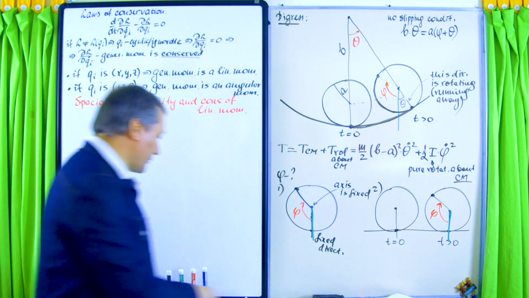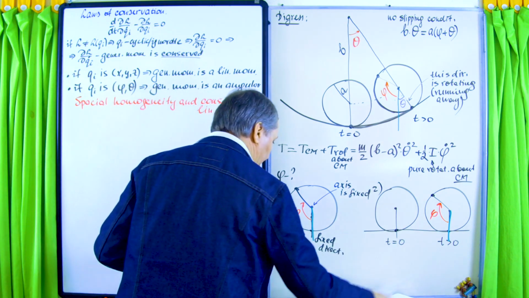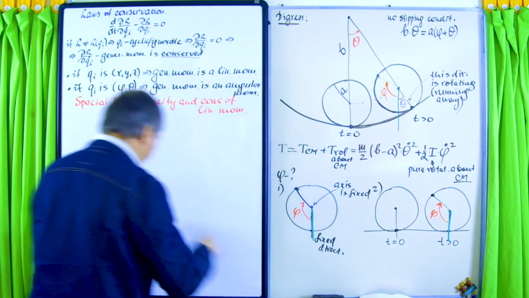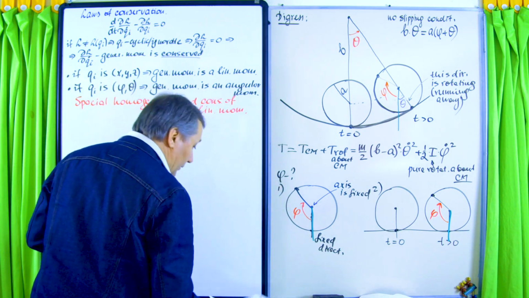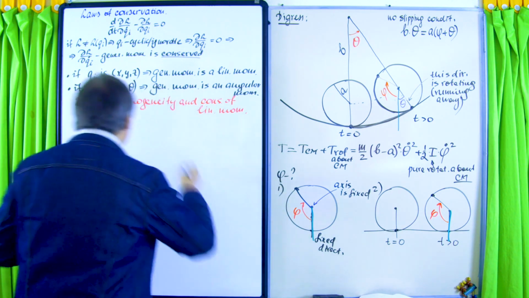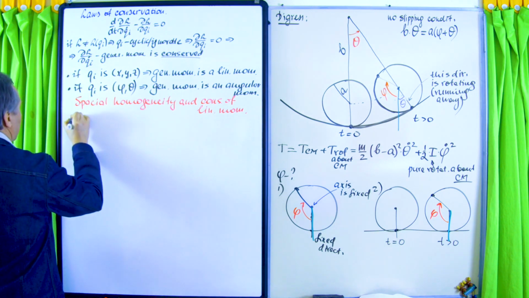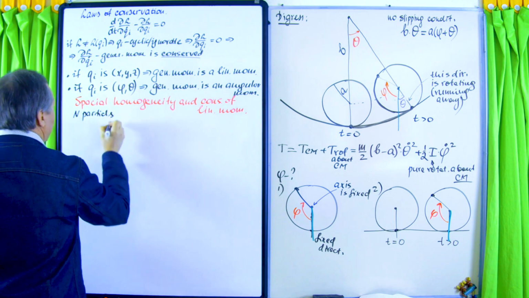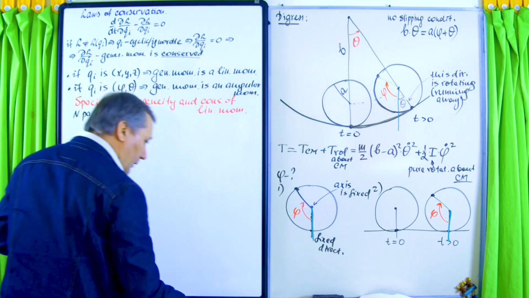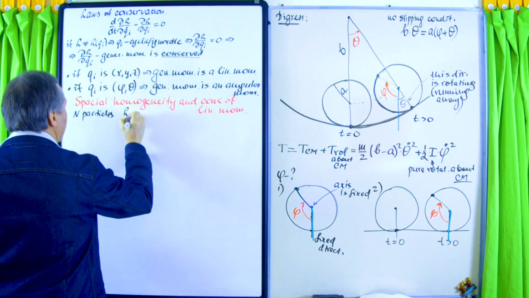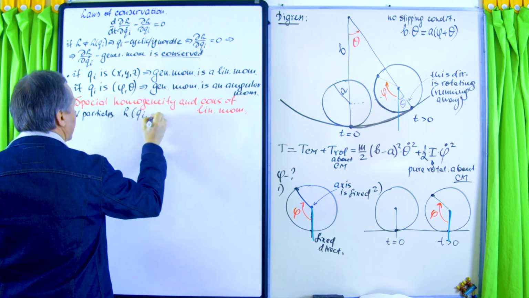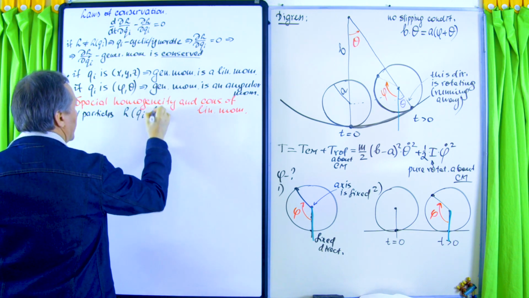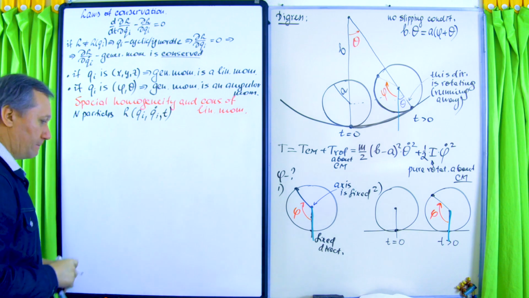So that was described in general in words, and now let's derive it actually. Let's assume that we have some system of n particles, and the Lagrangian which describes it is L of q_i, q_i dot, and t, right?